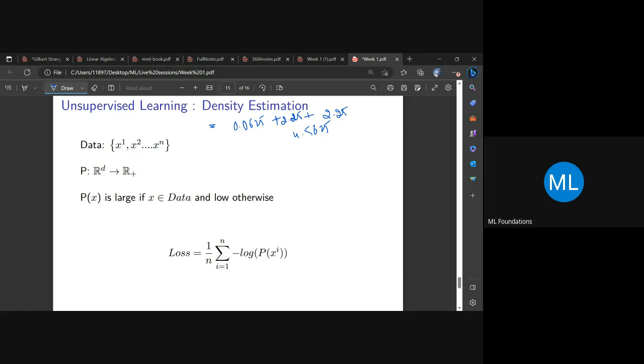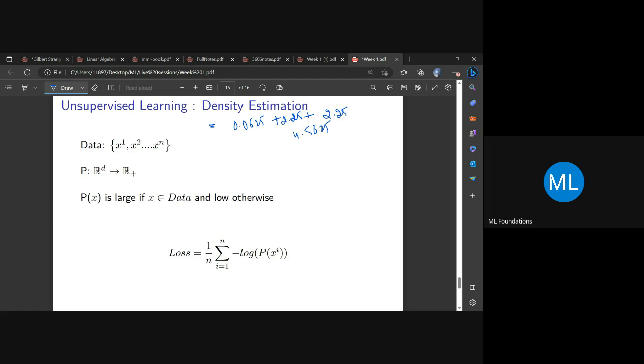Like in case of regression and classification, we are trying to predict the labels or the values for the data set, but in this case we are trying to calculate the probability, and if your probability is large, then we say x belongs to your data set, otherwise it doesn't belong to the data set, right? So this is what we use to check for density estimation.